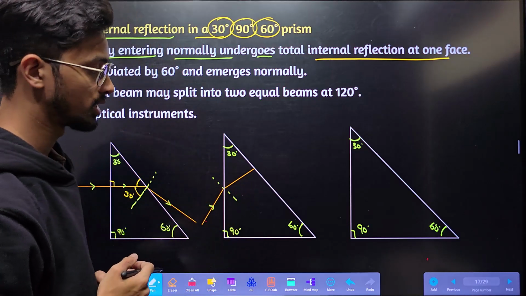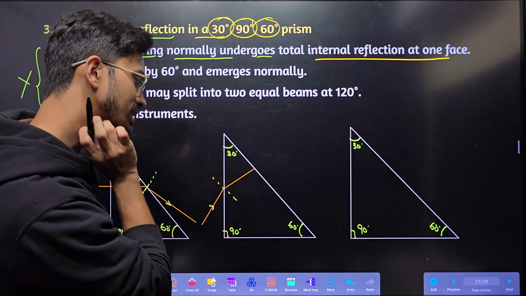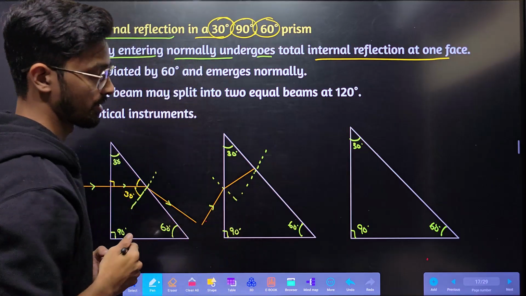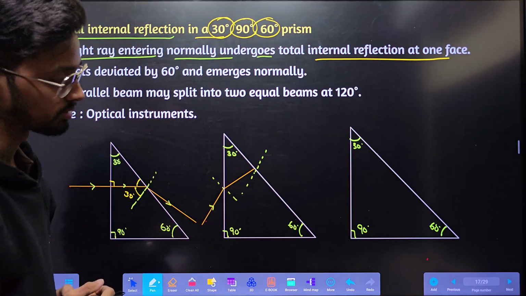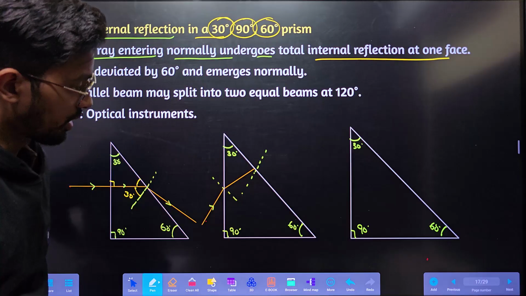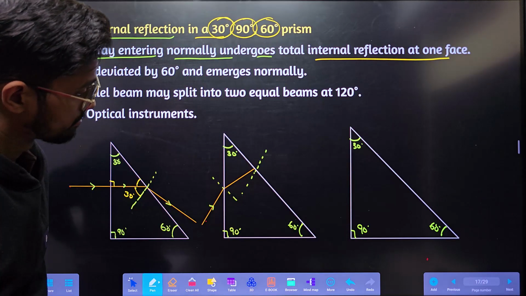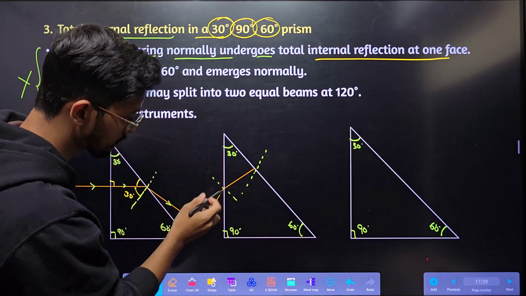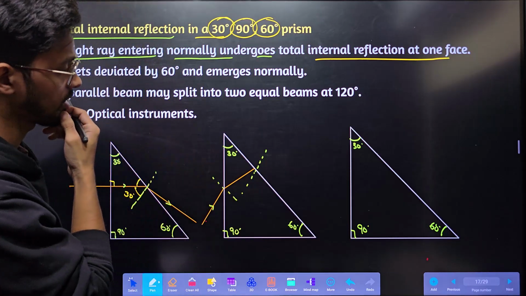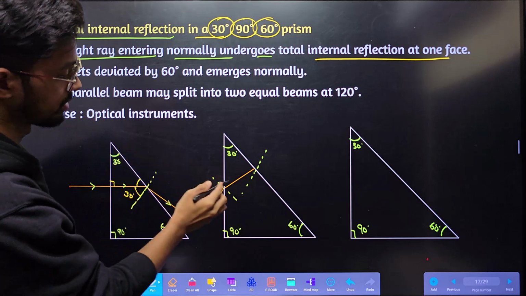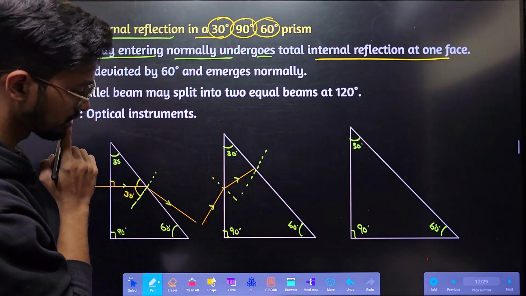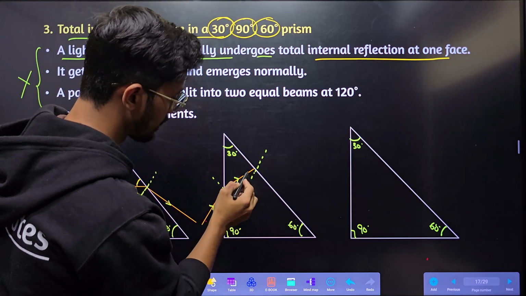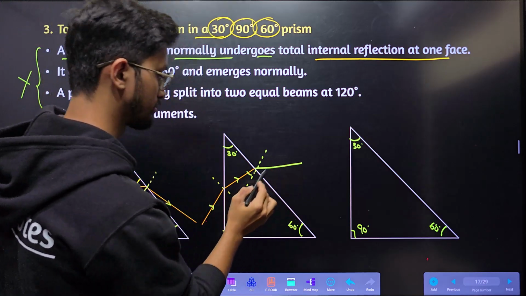This is 60. This refracts. See, this is perpendicular. Right? This is perpendicular. So what happens here will be, see, it's going like this. This is 30. Okay. It will go here. If this is less than 90, it will come outside, away from normal.